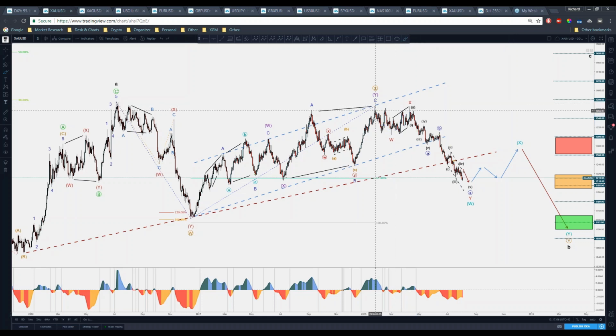Of course, it can be labeled as a wave A right there, and then a wave B. If this is true, then this would be 1, 2, and then the extension in the third leg, which means that gold would not really deliver this contraction anymore and just go directly to the 100% of W and X, projected with the Fibonacci extensions right there, which is basically the level 1115. Very interesting right there.